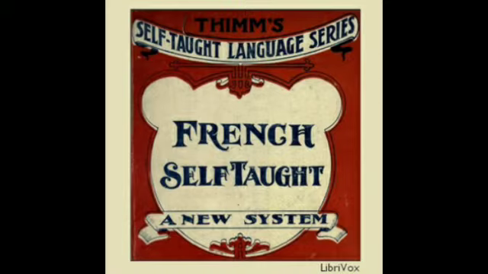A. A is pronounced like A in the English word father. B. B as in English. C. C before E and I is pronounced like S. Before A, O, U and before a consonant, C sounds like K. D. D as in English.